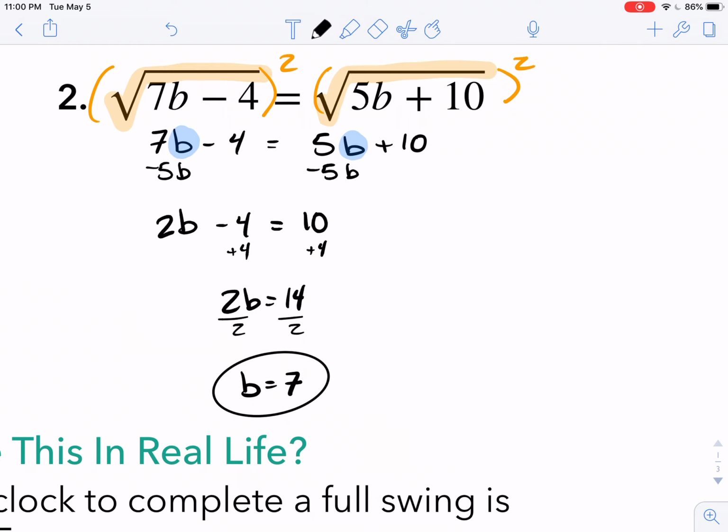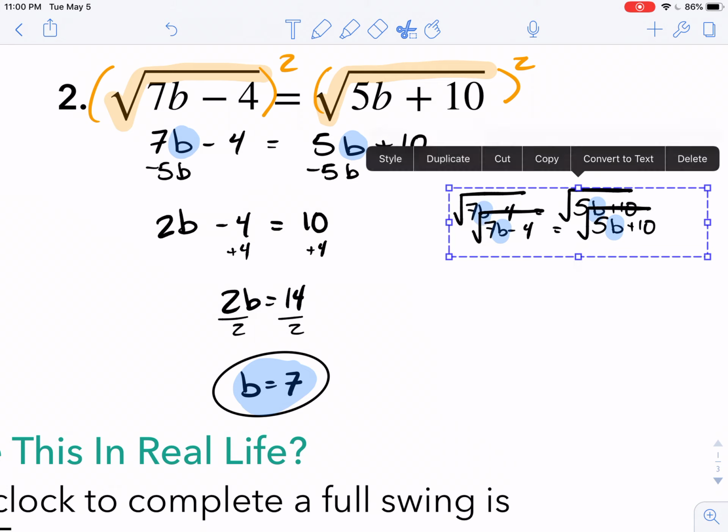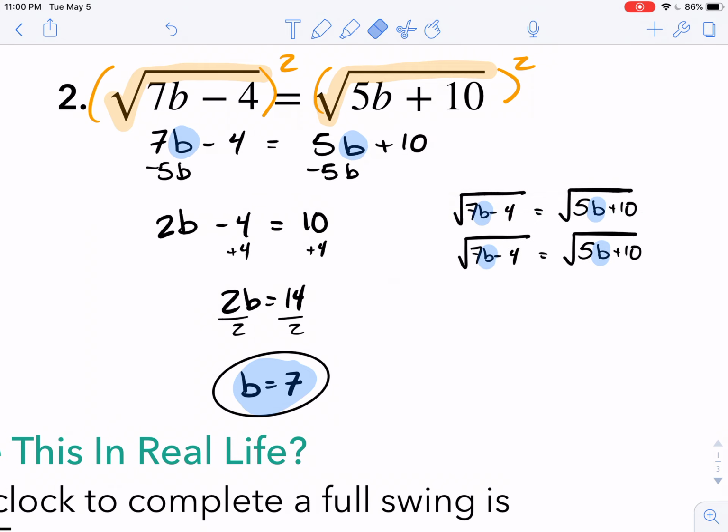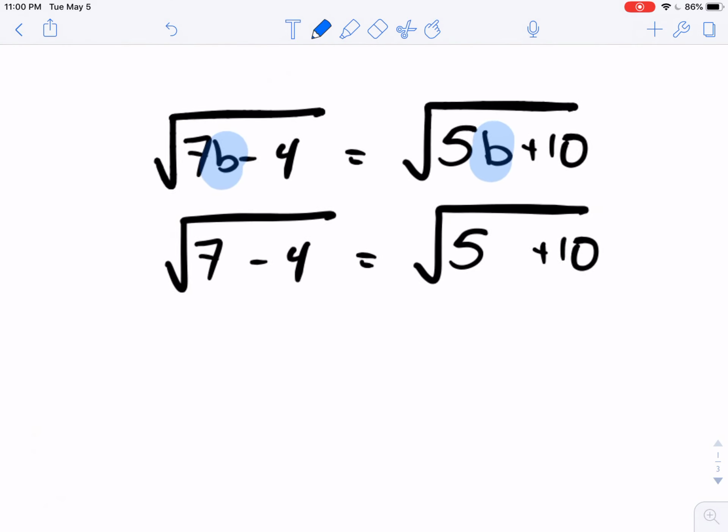Let's go ahead and check our work again. Our original equation said the square root of 7b minus 4 equals the square root of 5b plus 10. If we want to check our solution, we need to take this b equals 7 and plug it in. So instead of b, we're going to write 7.